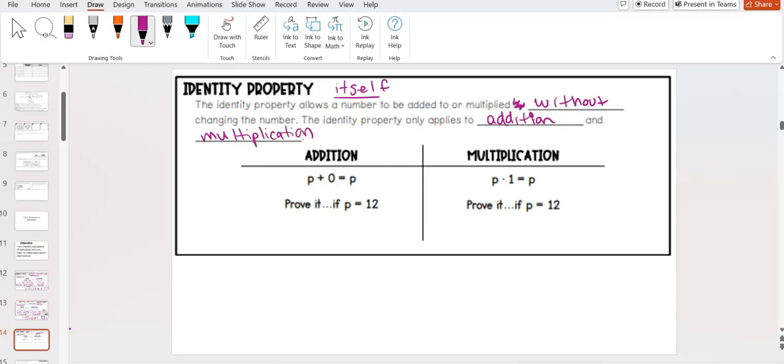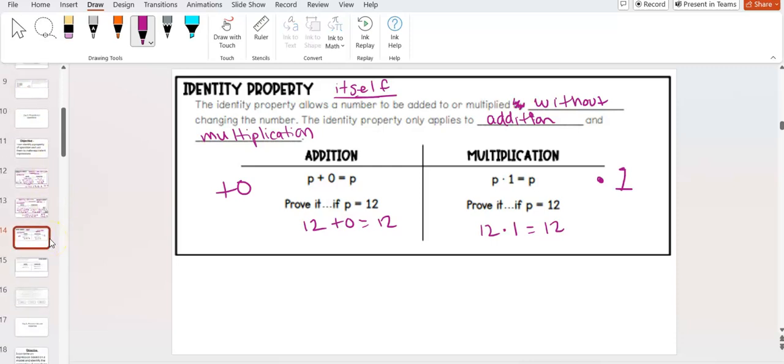Okay, so we're going to prove it. P plus 0 is P. 12 plus 0 is 12. P times 1 is P. 12 times 1 is 12. So if you add 0, or if you multiply by 1, that's the identity property. It's going to equal itself. Identity is who it is.